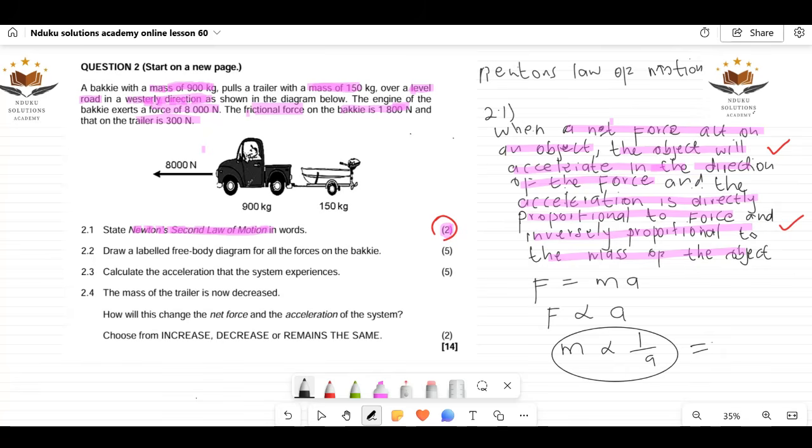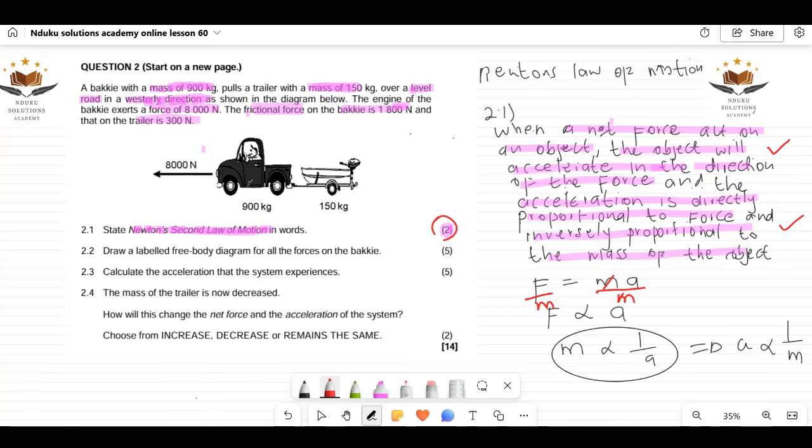Or we can say acceleration, because if you were to simplify this to make acceleration the subject of the formula, you'll actually divide both sides by m. Divide both sides by m.